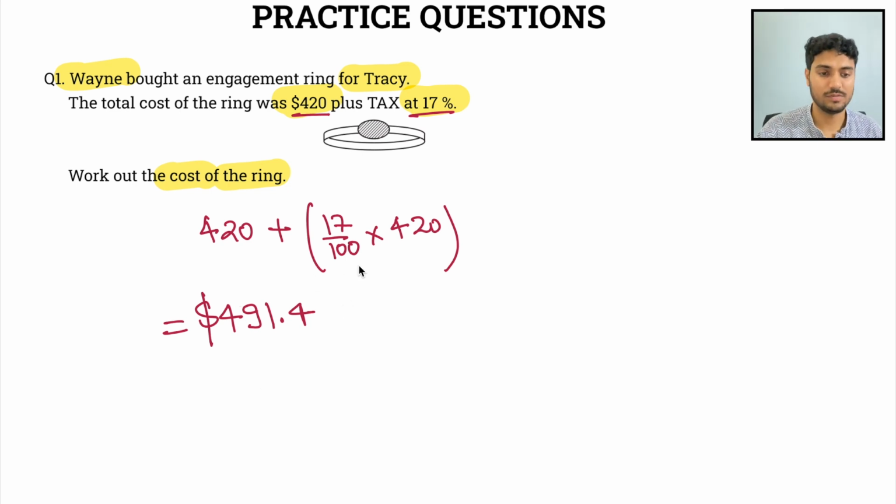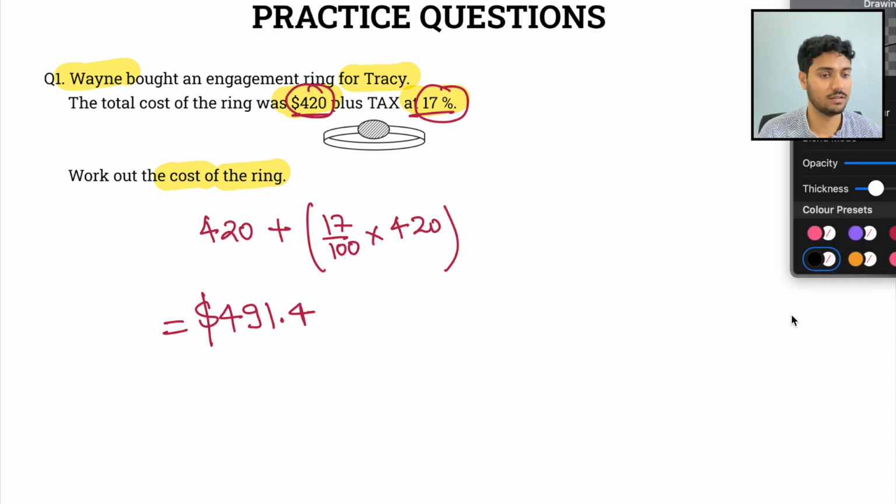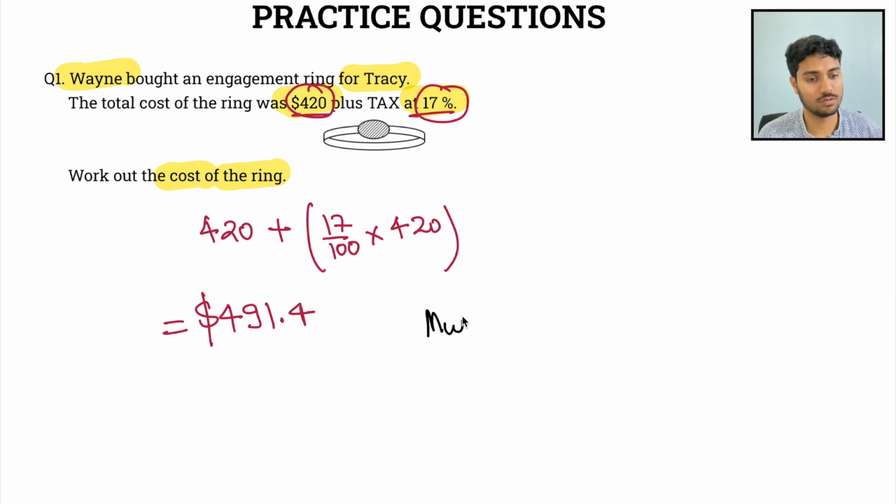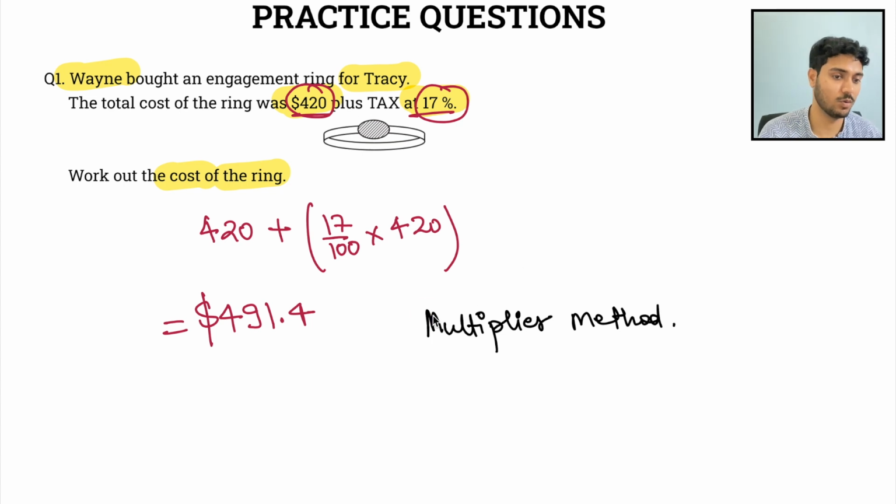This is very important to understand that this is what we have to do while doing the calculation, that the original price is 420 and it is increased by 17%. There is a multiplier method also, with which the calculation will become very quick.